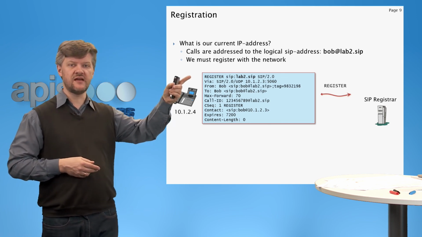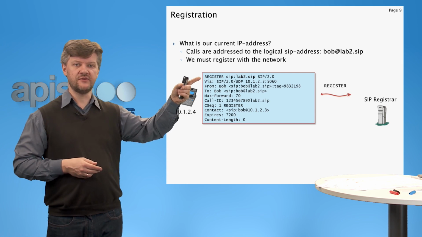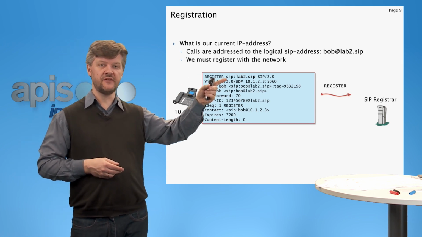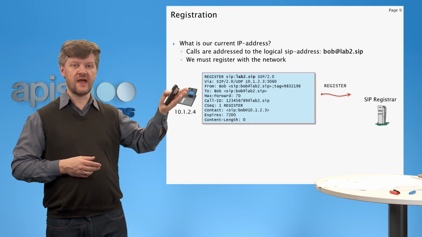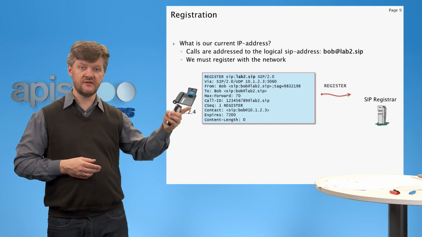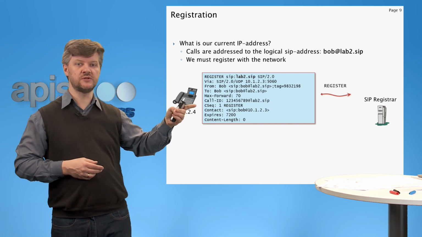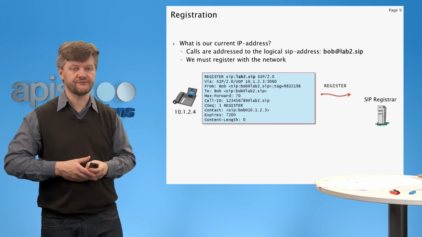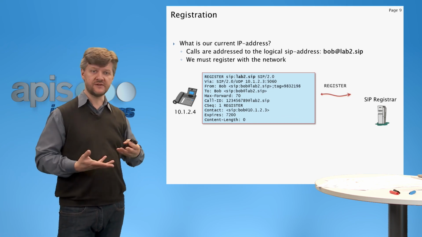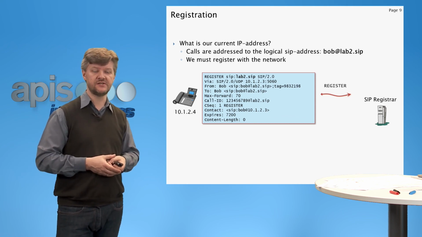We have a request line up here. It has the method REGISTER and the request URI lab2.zip. Then we have a couple of headers: Via, From, To, Max-Forwards, Call-ID, CSeq, Contact, Expires and Content-Length. There's no payload, no attachment to this SIP message.